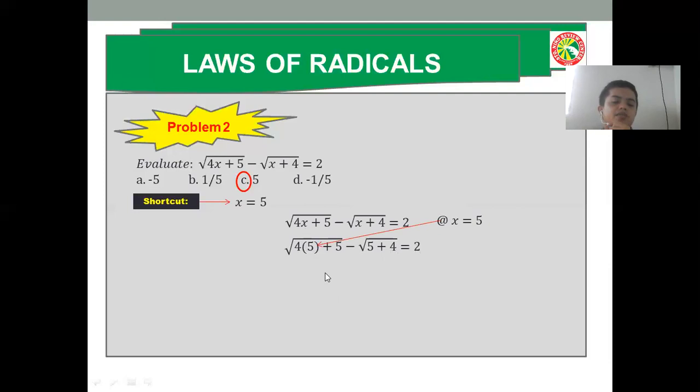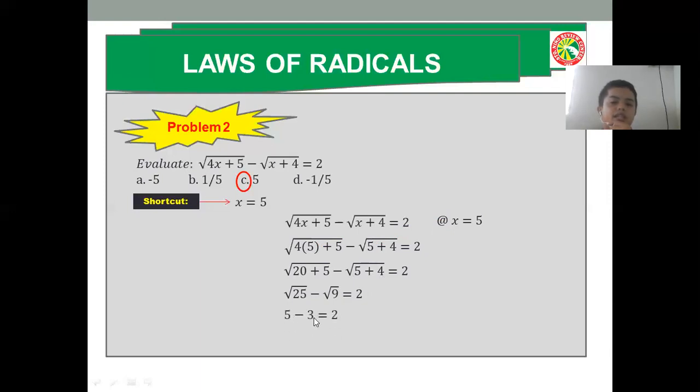So when we substitute 5 here, this will become square root of 20 plus 5, and likewise 5 plus 4. This is square root of 25 and square root of 9. Then square root of 25 is 5, and square root of 9 is 3.